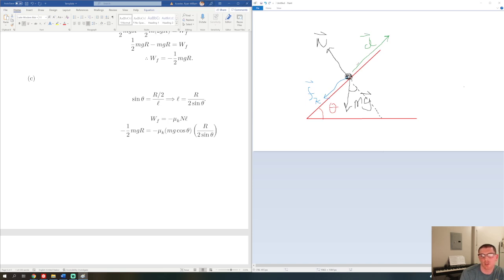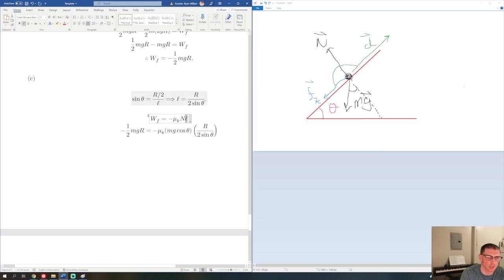So there's an angle, first of all, of 180 degrees between these things, which is why this is negative. Cosine of 180 degrees is -1. And then we just have to remember to multiply it by the magnitude of the displacement, which is L, which we had to solve for.